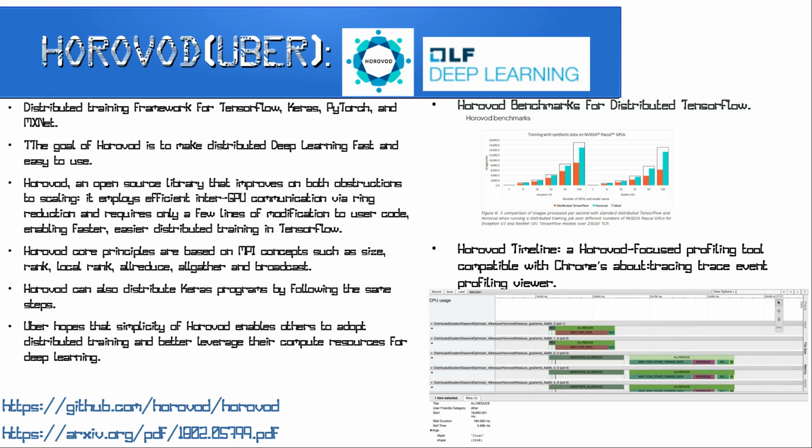Horovod team wanted to do easy debugging and profiling, so they developed a tool called Timeline. Horovod Timeline, a Horovod-focused profiling tool compatible with Chrome's about:tracing Trace Event Profiling Viewer. Users can use Horovod Timeline to view exactly what each node was doing at each time step throughout a training job.